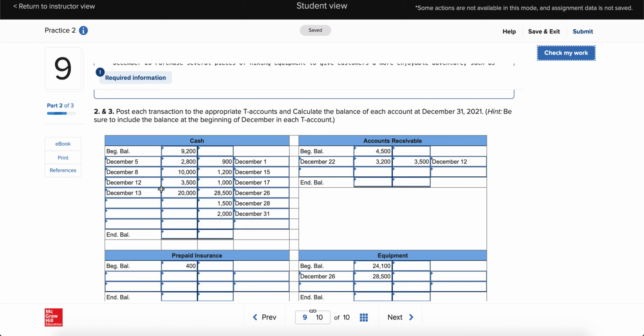So I'm going to add up all the debits, subtract from that sum all of the credits, and I should end up with $10,400 as an ending balance for cash. This is all these debits minus all these credits. I'm going to do that for every account that we see here. In the case of receivables, this is 7,700 minus 3,500. I have a debit balance of 4,200.